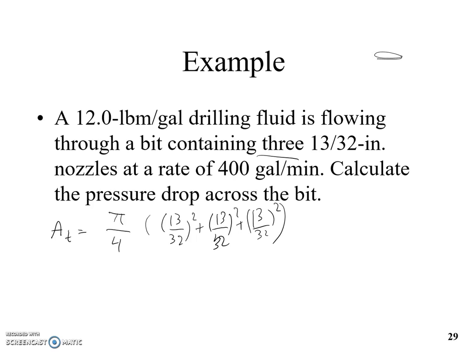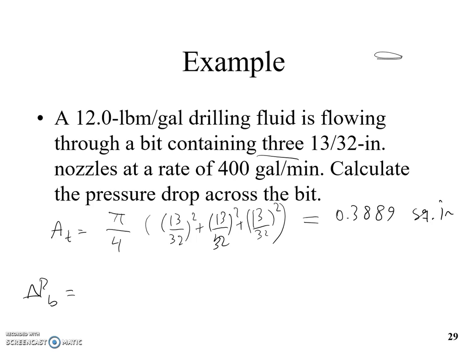This is going to give you a number in inches squared. After calculations you will get 0.3889 square inches, right? So that's your total cross-sectional area, and then we put it in the equation.